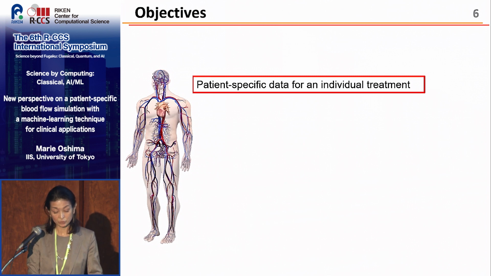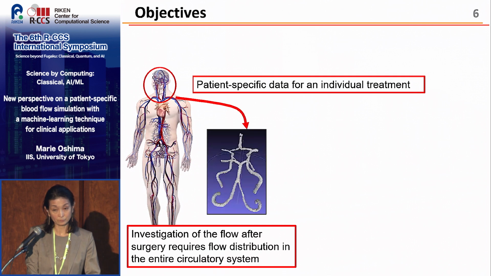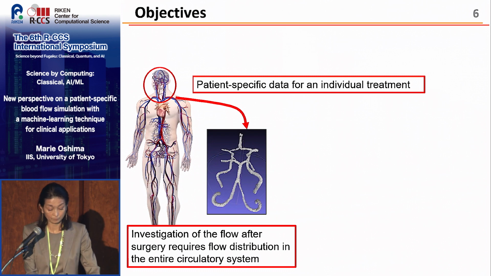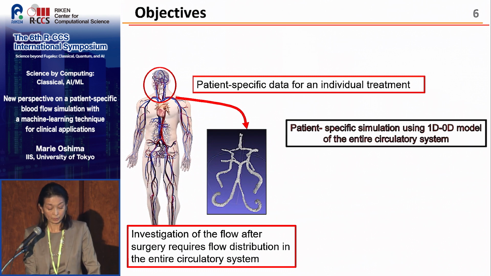So the objective of our research is we'd like to find out the patient-specific treatment, and we are focusing on the cerebral vascular circulation. We need to investigate the flow after surgery, and that requires the flow distribution in the entire circulatory system. When you conduct the surgery, the flow in the entire circulatory system changes, not only in the local region.